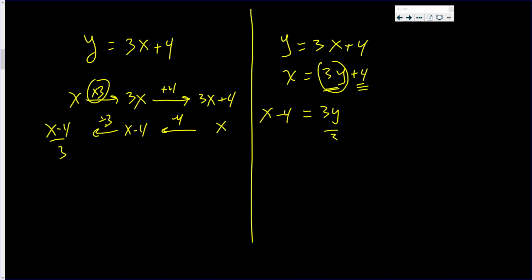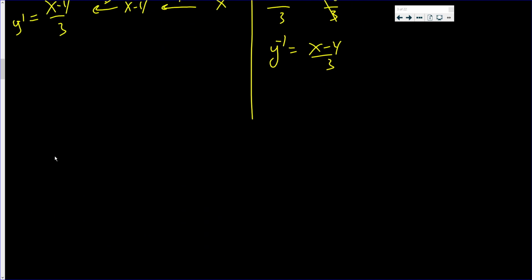And then I divide by 3, and I'll write y first on the left, is x minus 4 over 3. And then you have to remember to call it y inverse, just like over here, I should call it y inverse. Okay. Now, let us talk about how you graph the two.